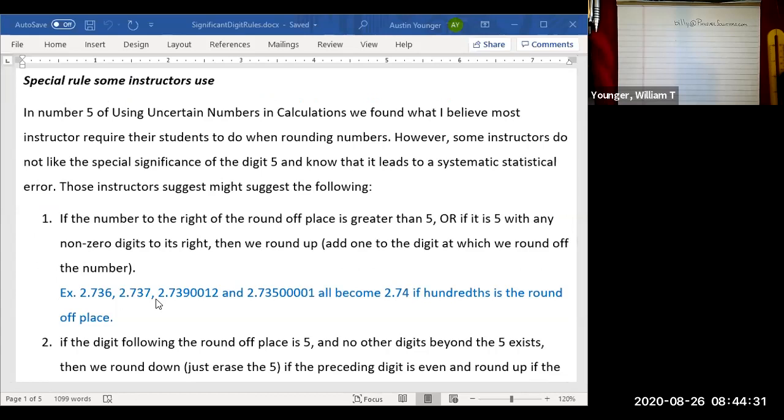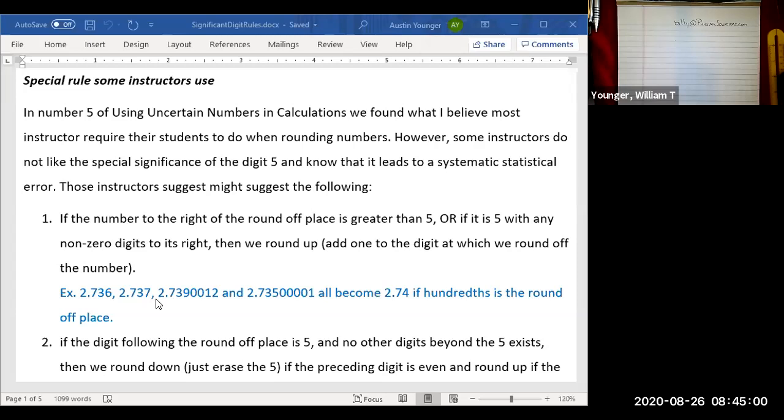Basically, when you go to round, that 5 is playing too important of a role, and it's dead center, and it shouldn't be automatically rounded up if it's 5 or rounded down if it's below 5. So what they do to account for that is if the number to the right of the round off place is greater than 5, or if it is 5 with any non-zero digits to its right, then we're going to automatically round up.